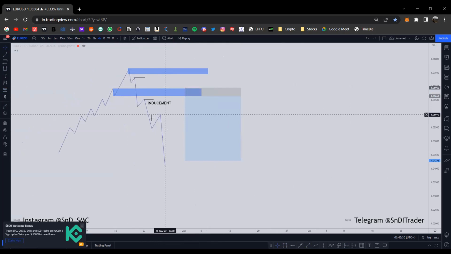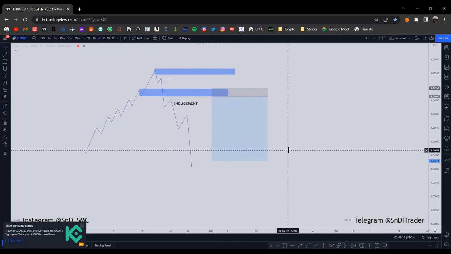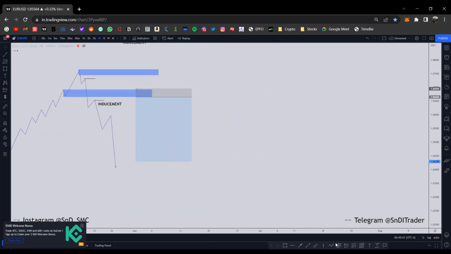So inducement will be that kind of highs or equal highs which is found near the point of interest areas. And the same thing for a bullish market.